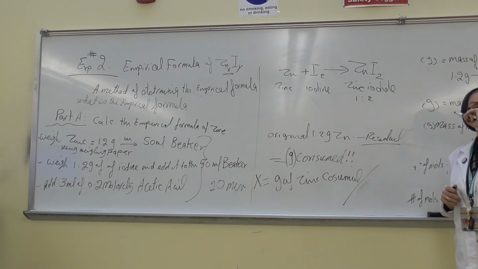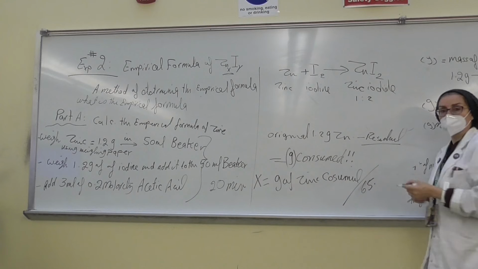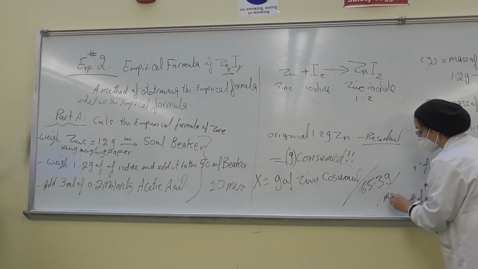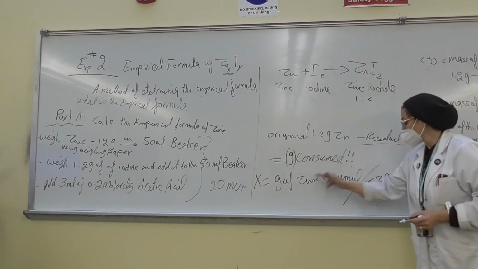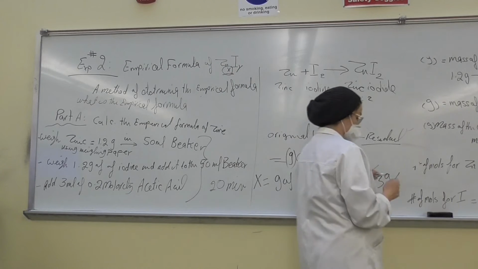What is it in the periodic table? 65.39 gram per mole. So dividing gram by gram per mole will give you the mole. That's the X of zinc.